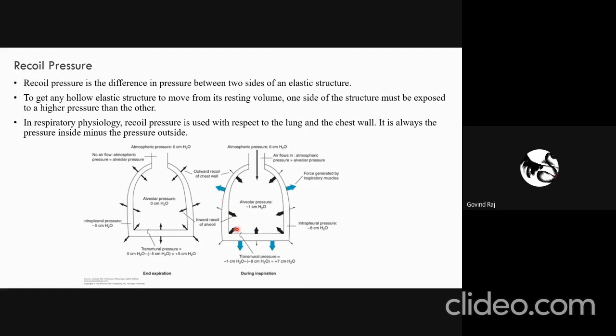So the alveolar pressure decreases, and a suction is created by this. That is why the alveolar pressure drops. When the alveolar pressure drops to -1, the atmospheric pressure comparatively is high, so the air will flow from the atmosphere into the alveoli, and thus we get the oxygenated air.